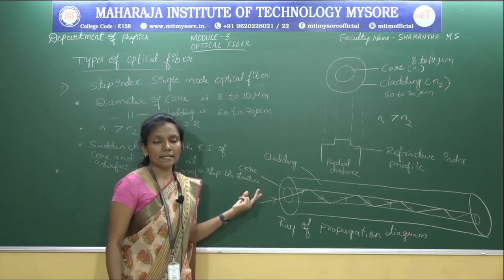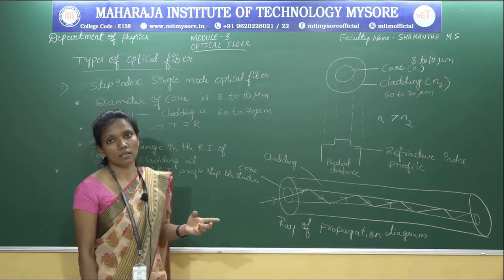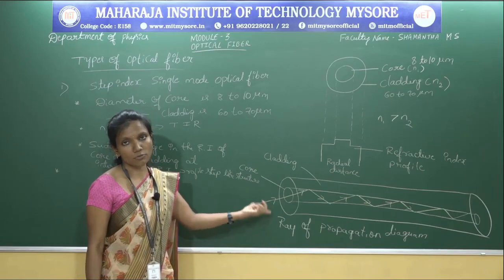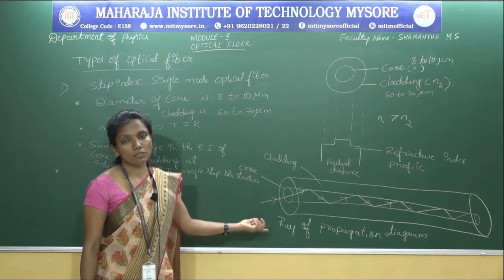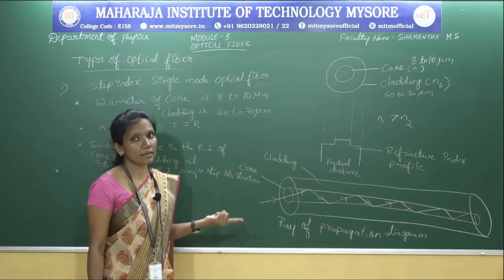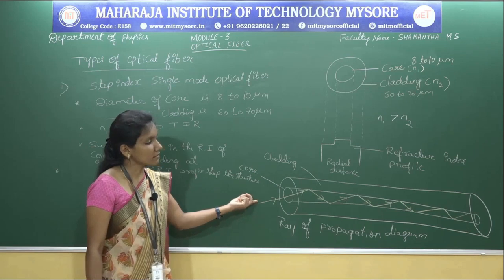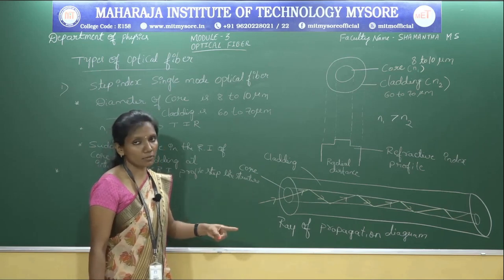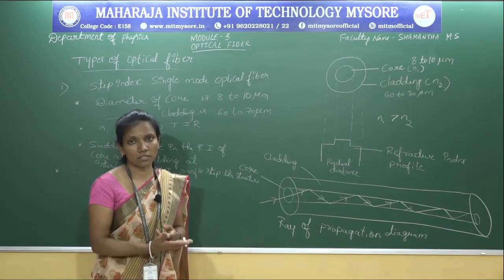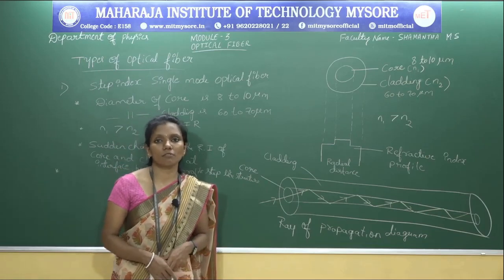That's why it is used maximum, 80% compared to other optical fibers. 80% of this optical fiber is used for telecommunications purposes, and it is also less expensive compared to other optical fibers. So that's why 80% of people use this single mode optical fiber.